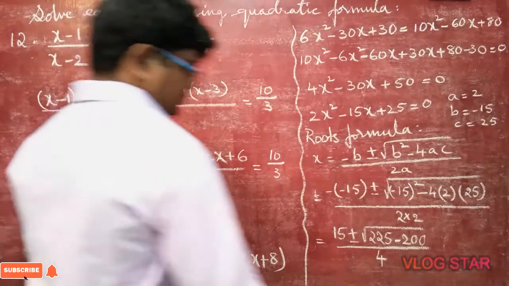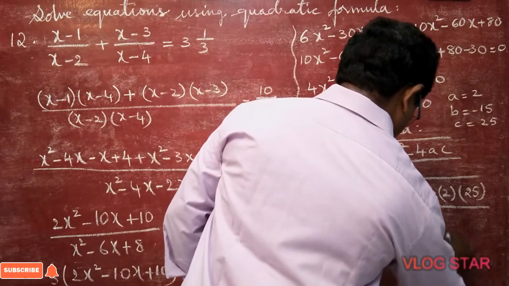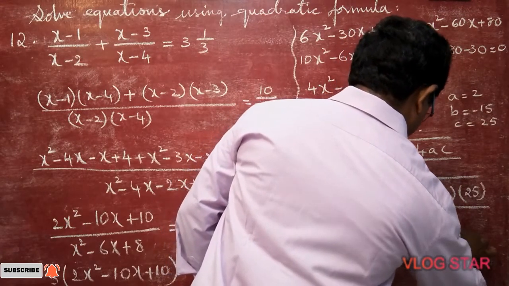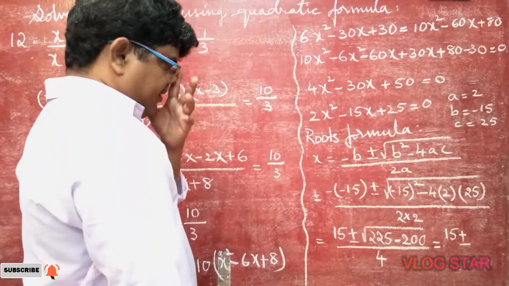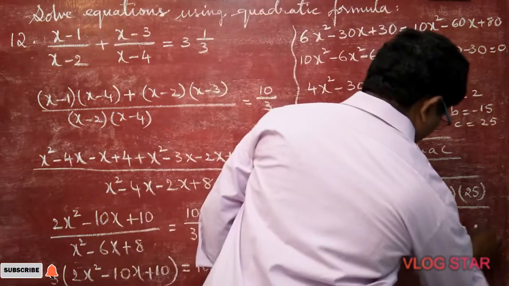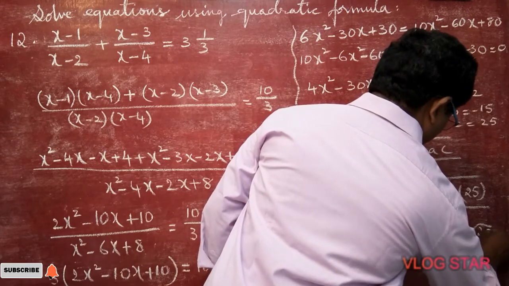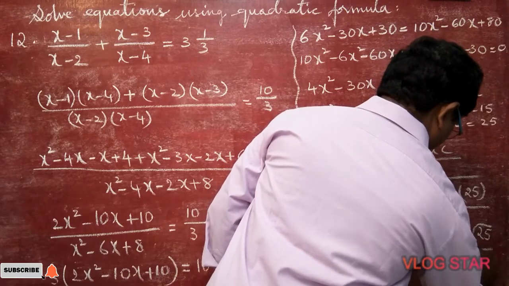Now that is equal to 15 plus or minus, from 225, if we take 200, square root of 25 by 4.